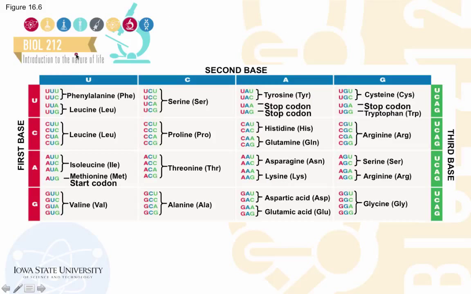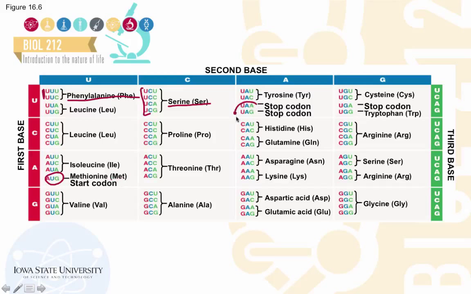So by synthesizing codons and finding out what amino acids they specified, Nirenberg and Leder found that there were examples where an amino acid was specified by more than one codon. For example, serine here is specified by 4 different codons. There was a start codon that was always present at the beginning of mRNA molecules, and this codon specified the amino acid methionine.